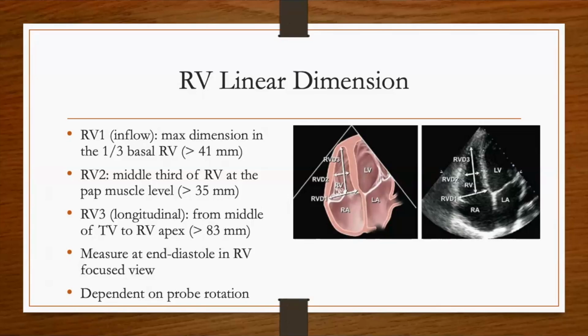You just have to recognize that if you're going to call it differently than the measurement, either the measurement is off, in which case you might decide not to use it, or there are other factors why you think it doesn't match, which you have to include in your interpretation. You might have a normal RV basal diameter but the RV is dilated further up, for example because of remodeling.